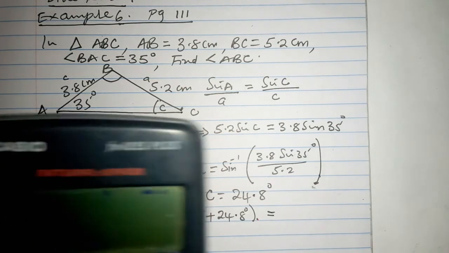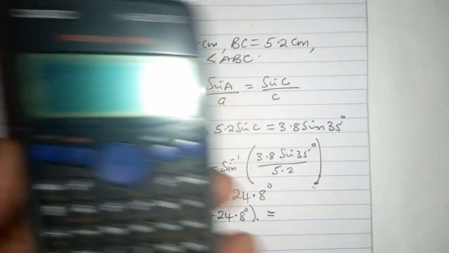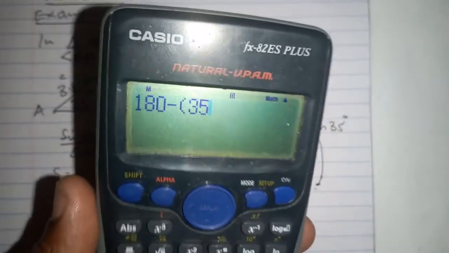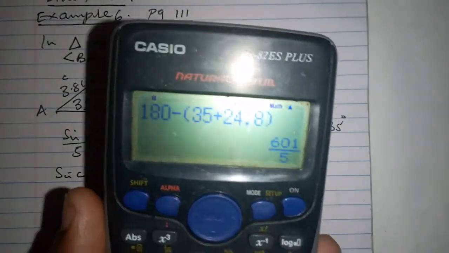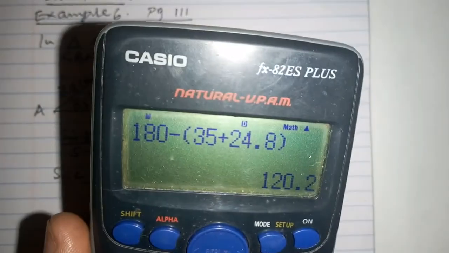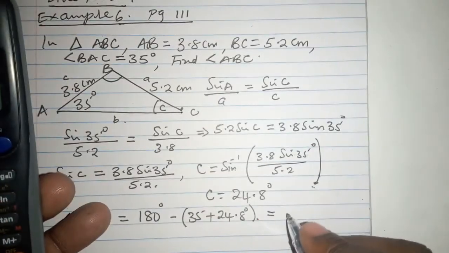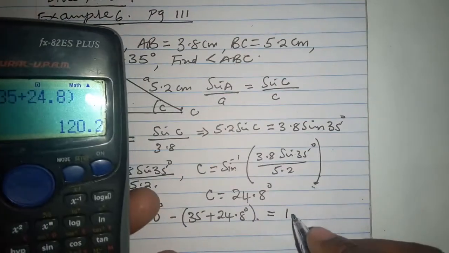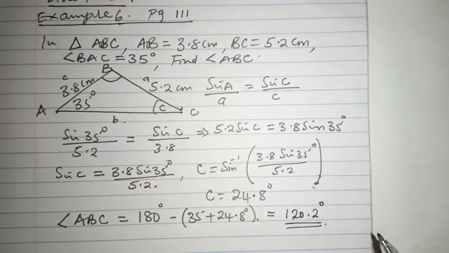It's going to be 180 minus bracket 35 plus 24.8 degrees, close bracket, and you realize that your angle is 120.2 degrees. And that is just like it, because we've been able to use the sine rule.